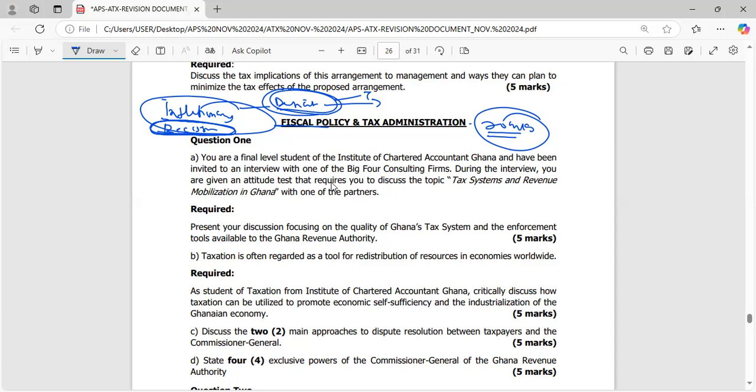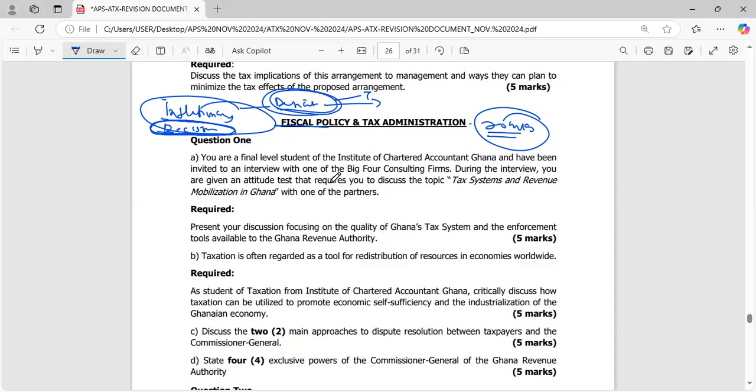So know the types of fiscal policies that we have: automatic stabilizers and discretionary. Discretionary has two types. Contraction: what is contractionary fiscal policy? It is where government reduces its expenditure, thereby reducing money available to the citizens and reducing their purchasing power.